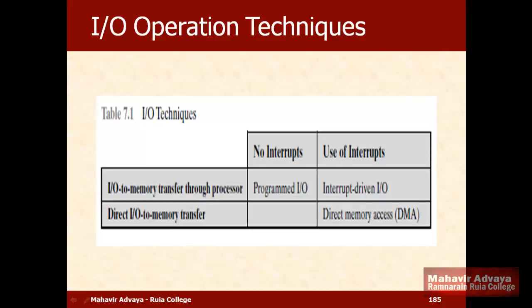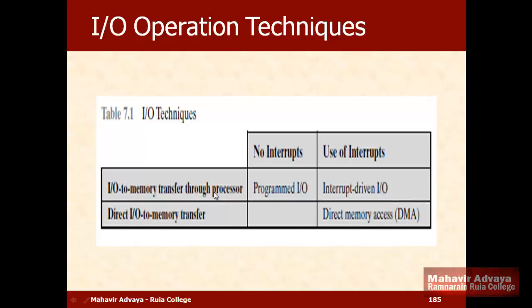Now, data transfers from input-output to the memory through the processor. There are two modes in which data is transferred from the input-output to the processor. One is through the processor, and one is directly to the memory using direct memory access.